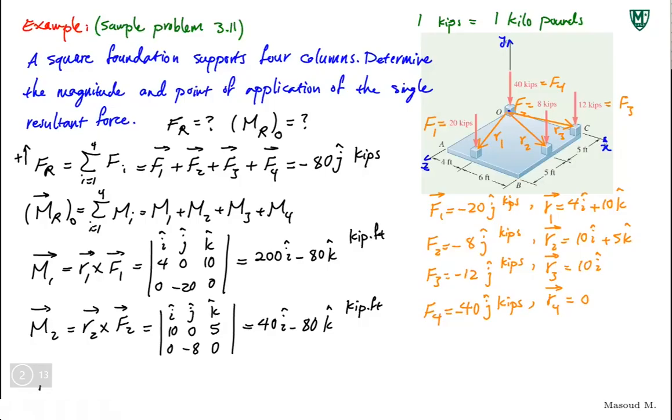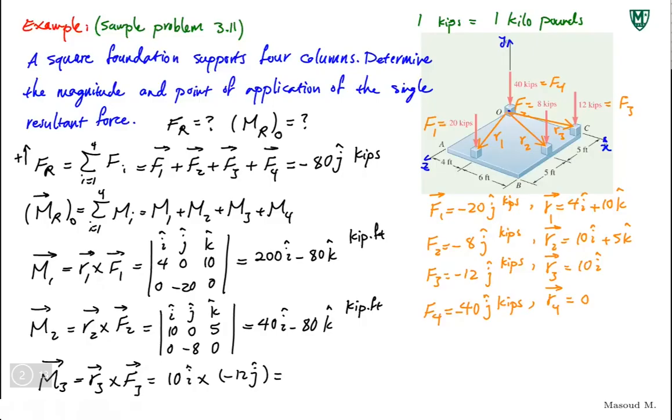M3 would be R3 times F3. We might not even need to write the whole determinant. I can just write it as 10i cross minus 12j.